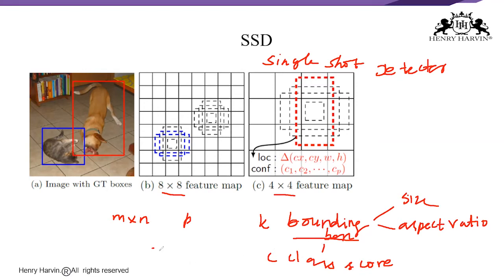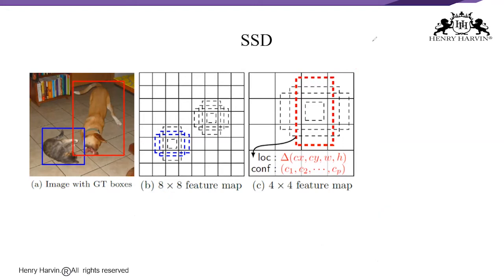So we will be getting (C plus 4) times k times m times n outputs. This is very simple to understand, not very complicated.